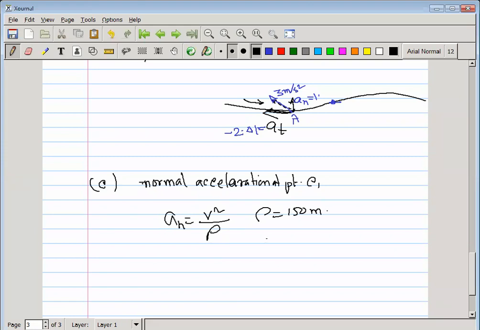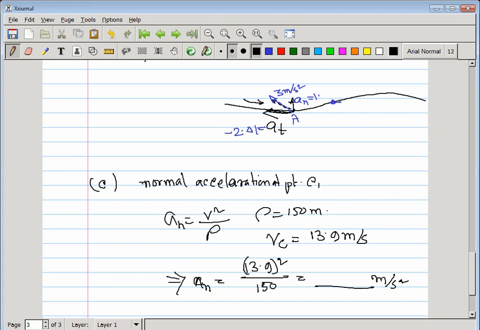The velocity at point C is half of the velocity at point A, which we already found, that is 13.9 meter per second. So an is 13.9 square divided by 150.